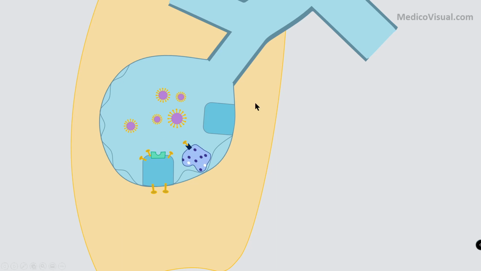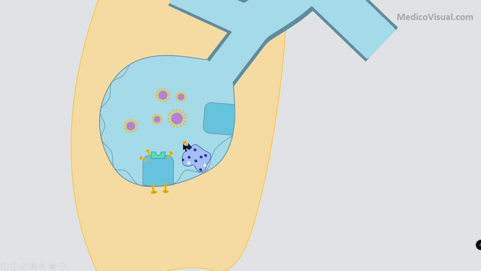As they engulf these virus particles, they will present their spike proteins and other viral proteins on their special antigen presenting receptors called MHC type 2 receptors.